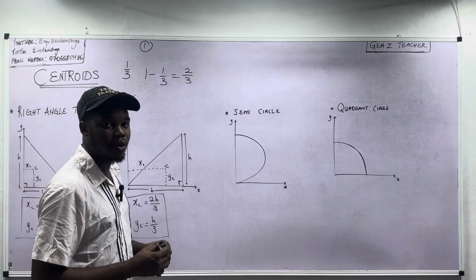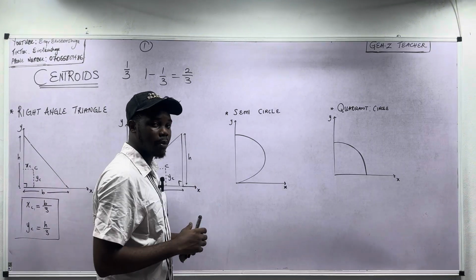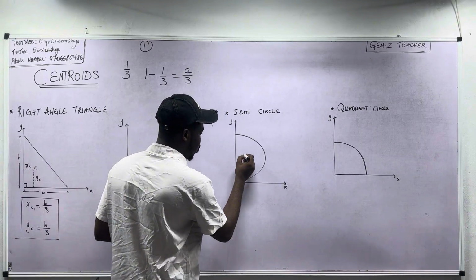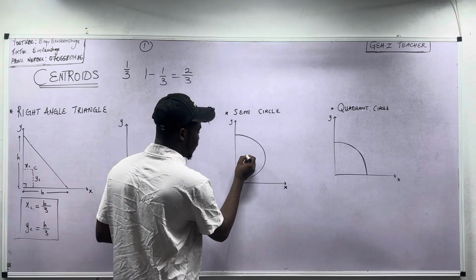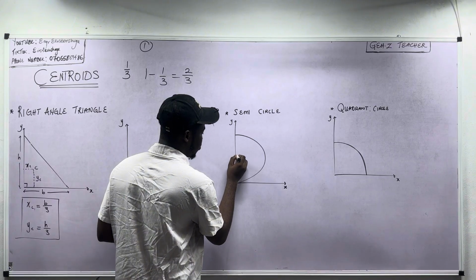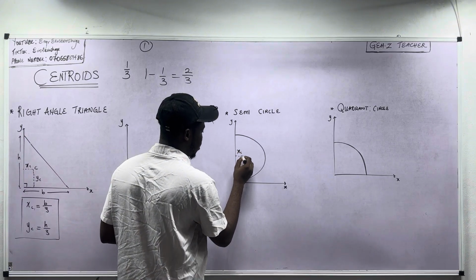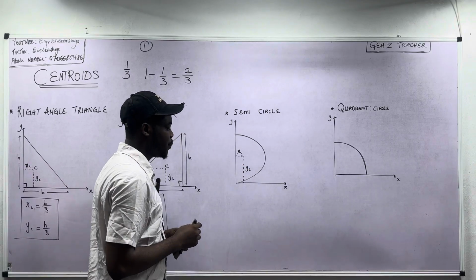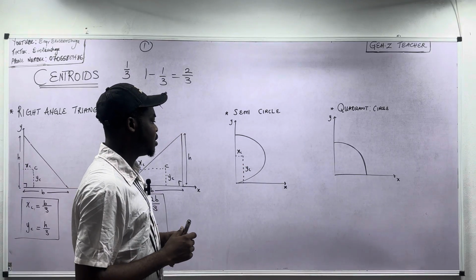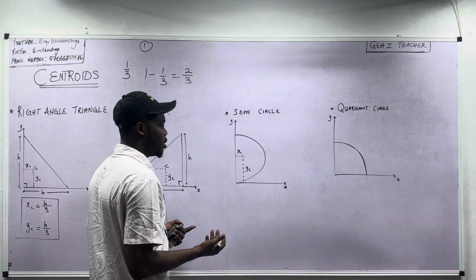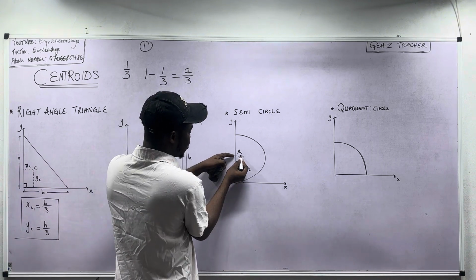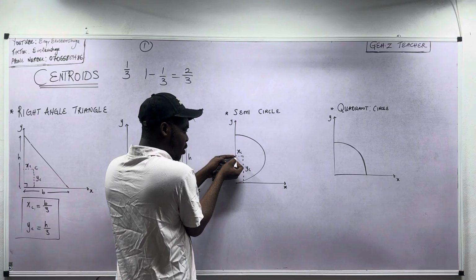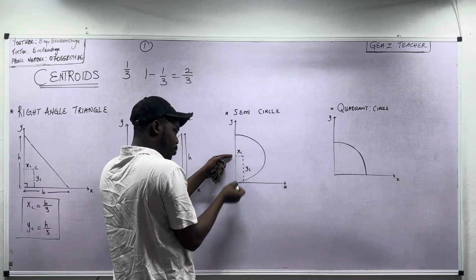Now for a semicircle, the base of the semicircle is now at the y-axis. Again, how do we find the centroid? From here up to here becomes the x-centroid, while from here down to here becomes the y-centroid. Looking at the diagram, the x-centroid is at the part from the center, not to the edge, but to the y-axis.